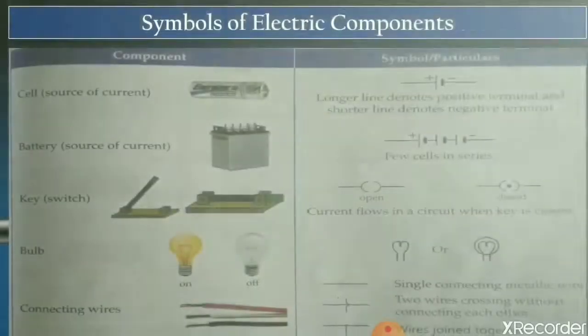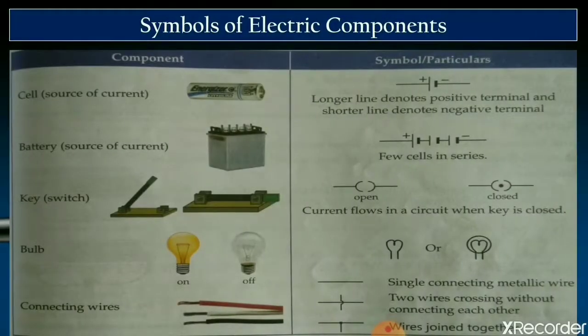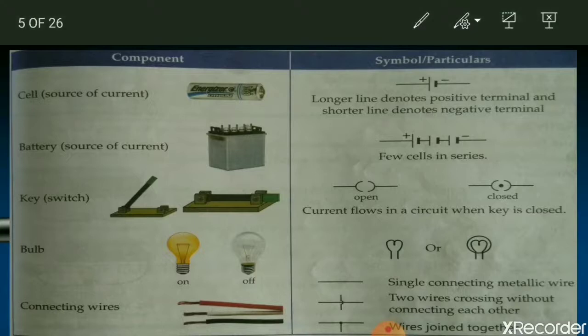Now, symbols of electric components. Here you can see some components and their symbols. The first one is the cell. This is the source of current, we all know. This is the symbol of a cell.